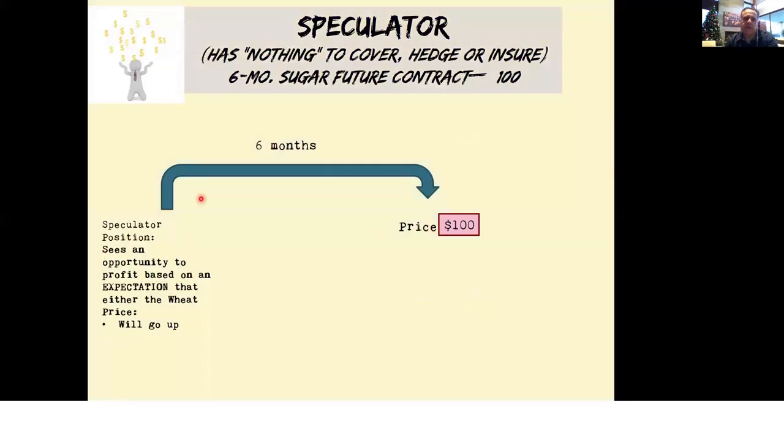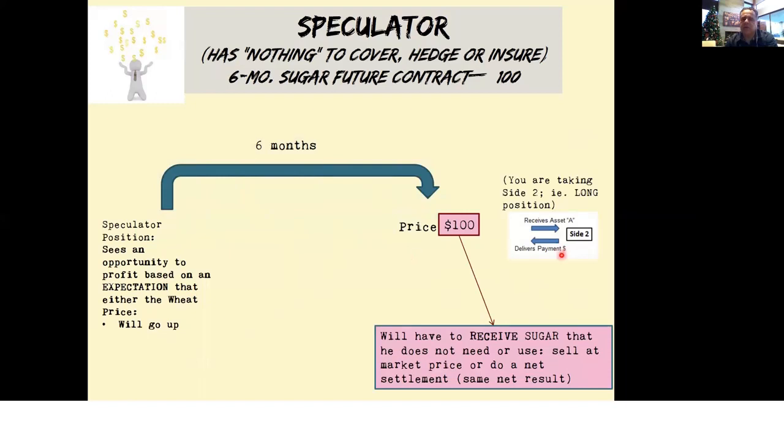If you think that the price will go up, you again can speculate on that, but in this case you will take a long position. Again, wheat, sugar, whatever commodity in this example you are betting on, let's assume first that you are right, that the price did go up.